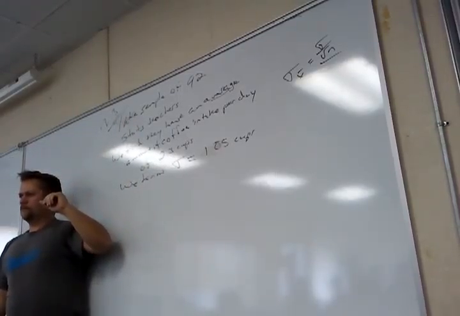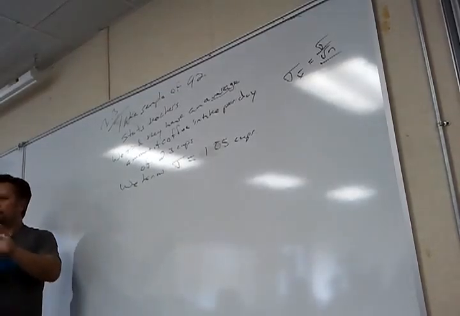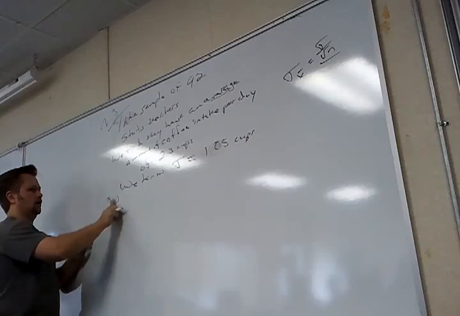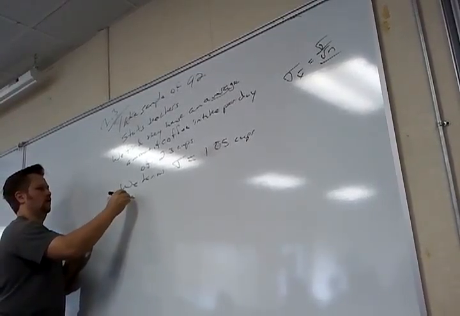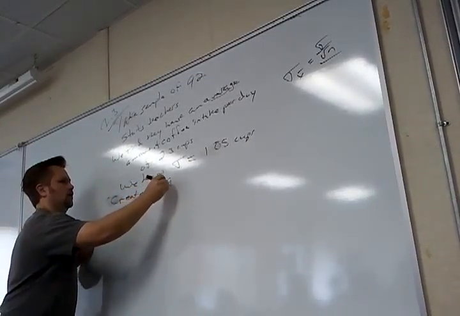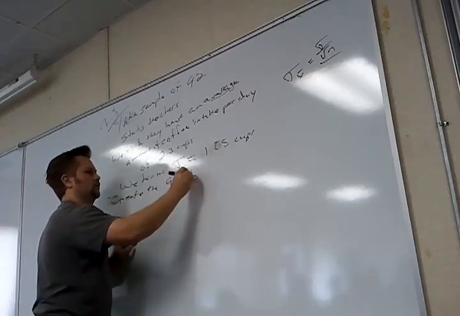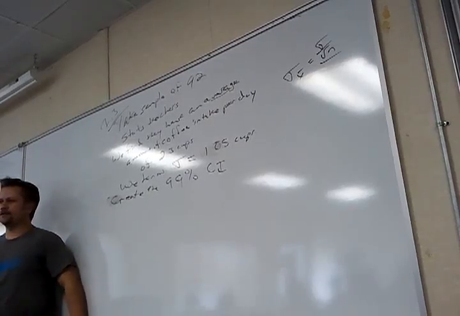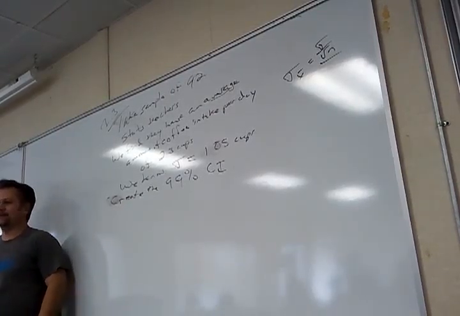Cool. So the only thing I've left out that we need is how confident we want to be. Create the 99% confidence interval. CI, confidence interval, from now on.